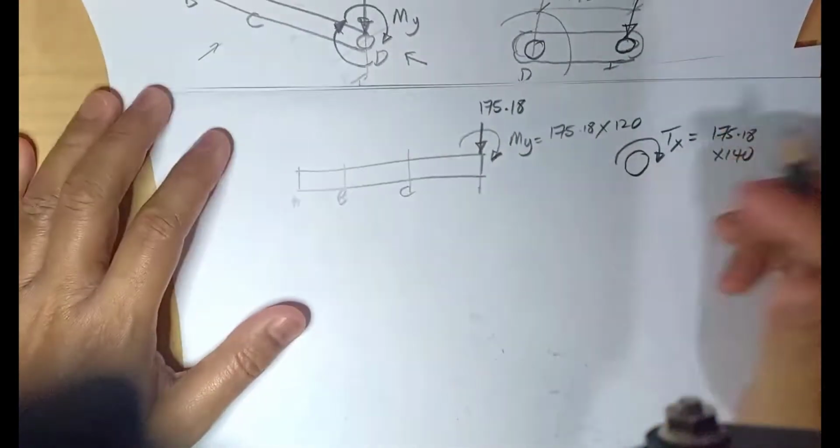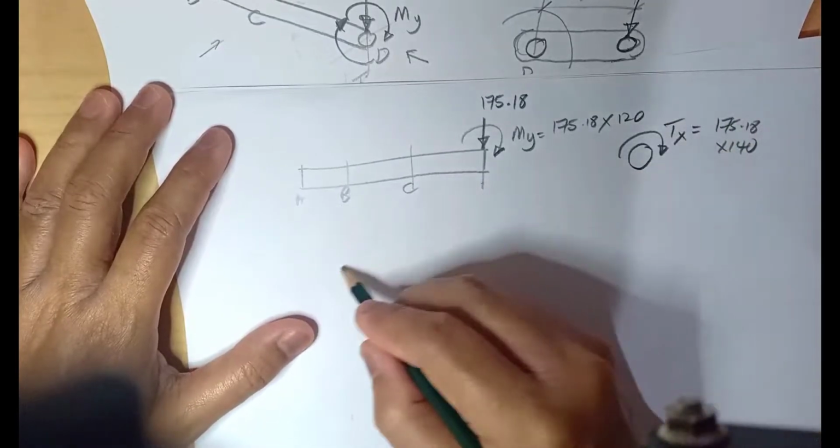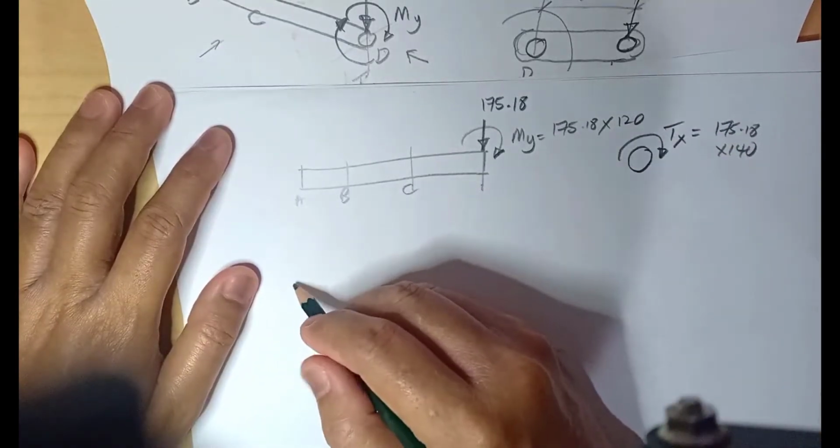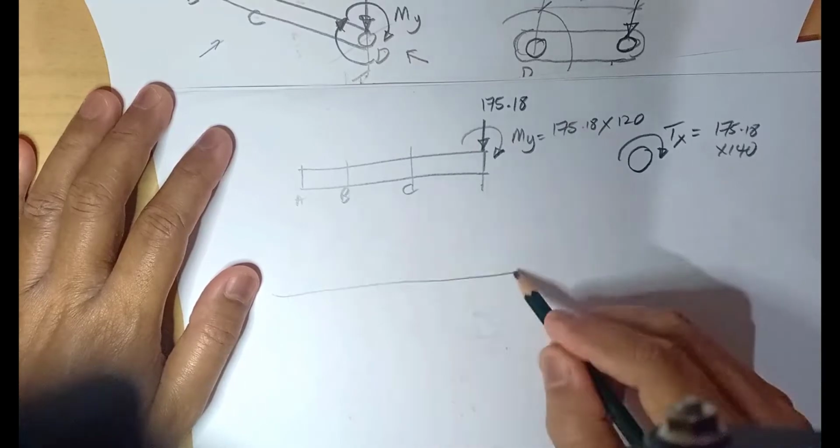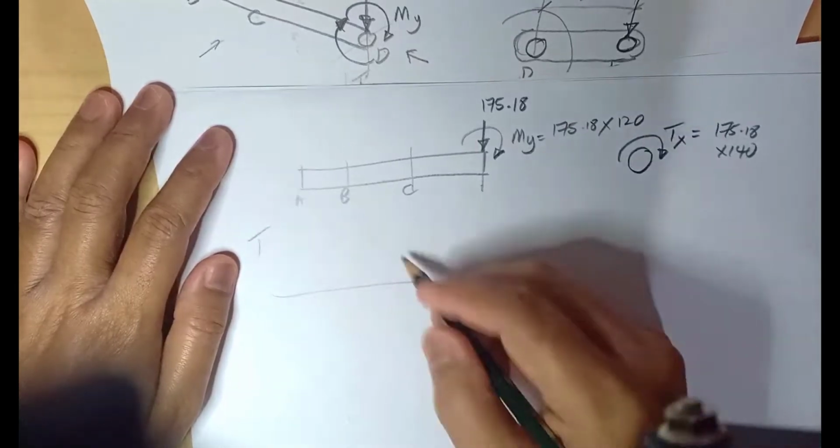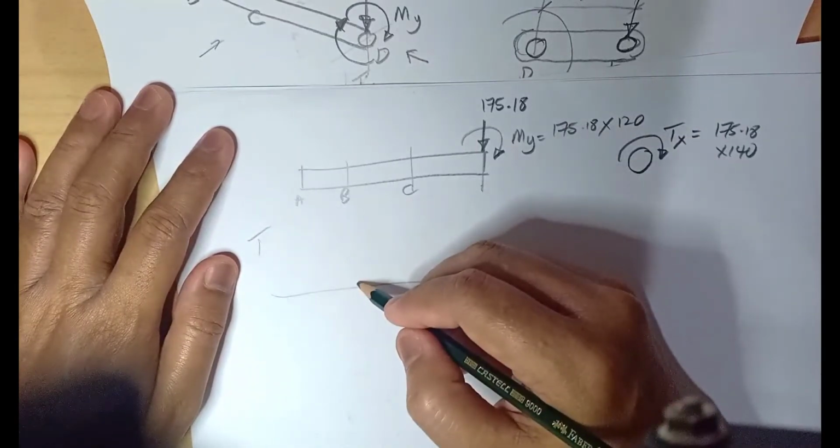That's the torque X. So when you draw the torque diagram for X, since we have torque at B, because at B, remember, we have the pulley there.